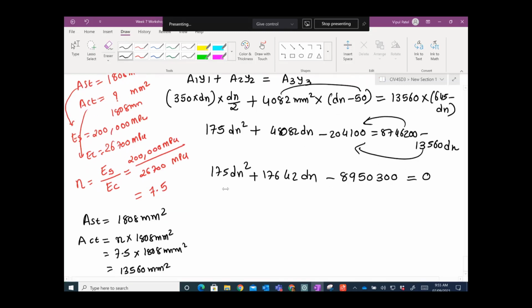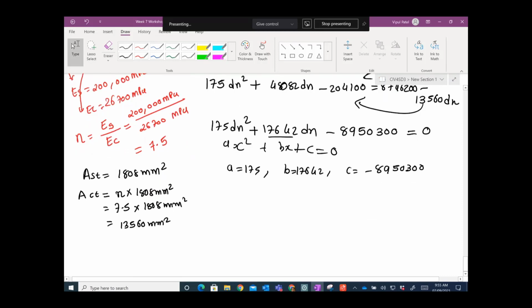Now you know this equation, let's say ax square plus bx plus c equal to 0, where a equal to 175, b equal to 176.42, c equal to minus 8950300. In that one, if you want to calculate dn or x, dn equal to, you know these quadratic equations, right? The solution of the quadratic equations.